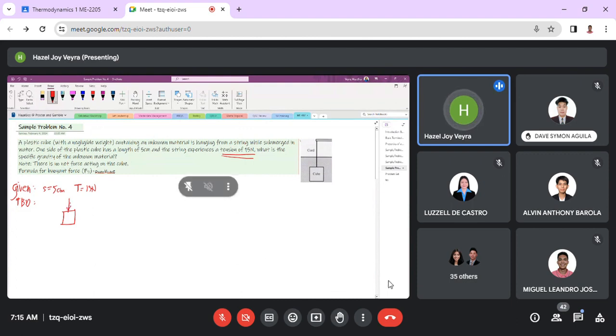Upward. Yes, correct. So always remember, class, that the tension force is always going away from the body when you draw your FBD. So you have here your tension force.